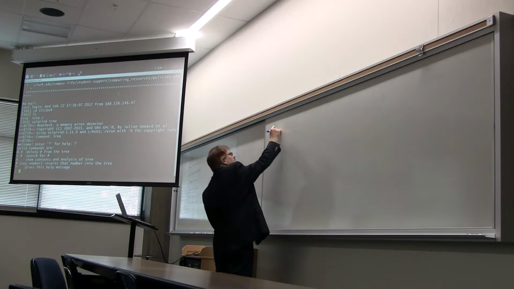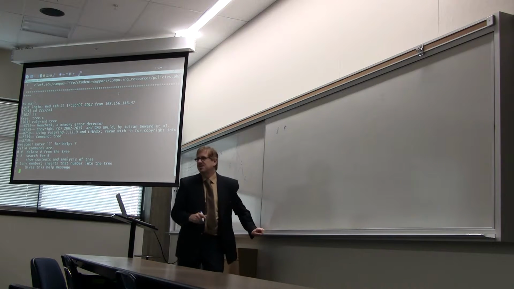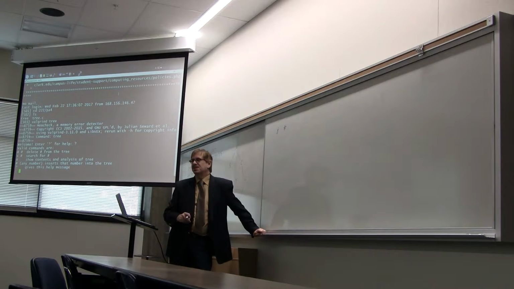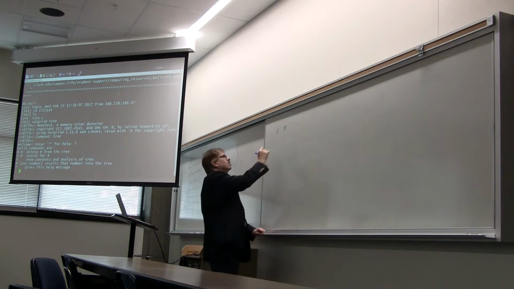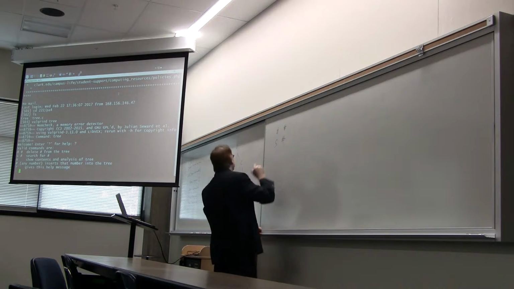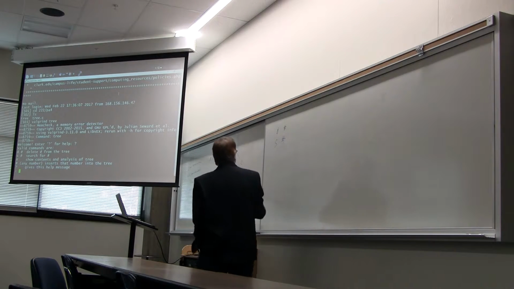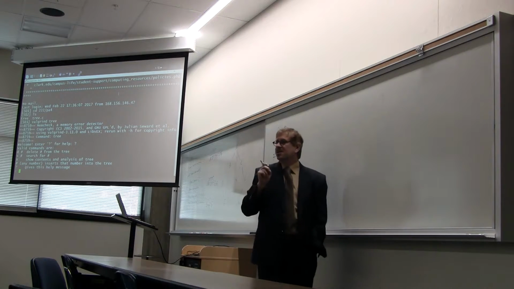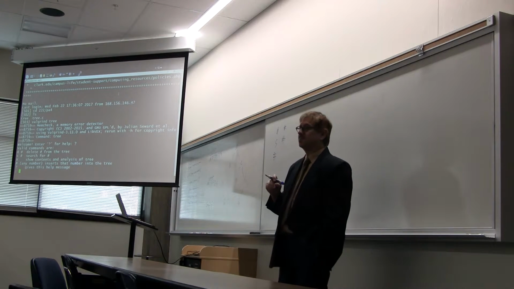So we can say delete followed by an integer, and that says remove the node containing that value from the tree. We can say search for an integer. We can type in just an integer without a letter in the beginning, and that means insert that integer into the tree.